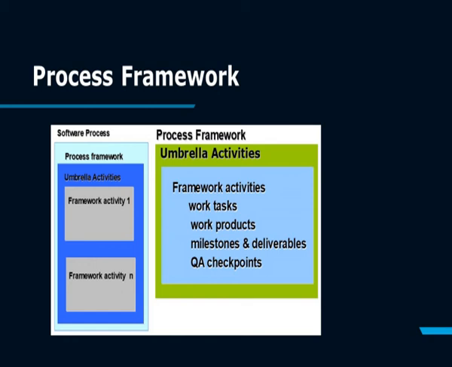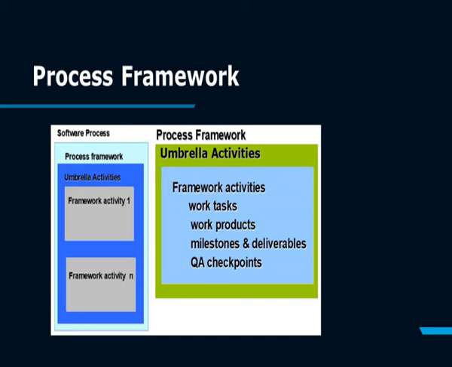The framework described in the generic view of software engineering is complemented by a number of umbrella activities. Typical activities include software project tracking and control, which allows the team to assess progress against the software project plan and take necessary action to maintain schedule.